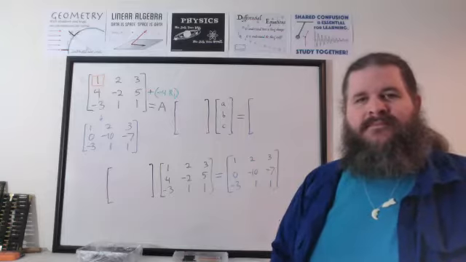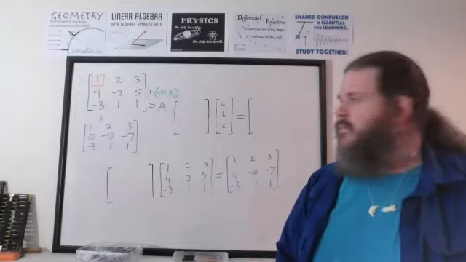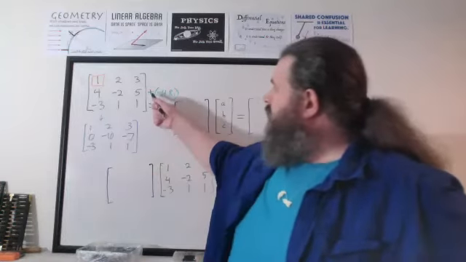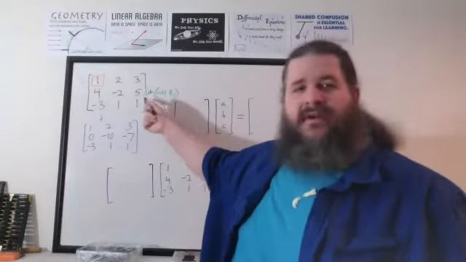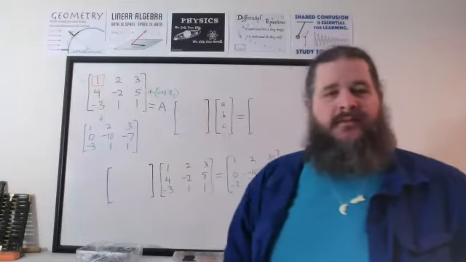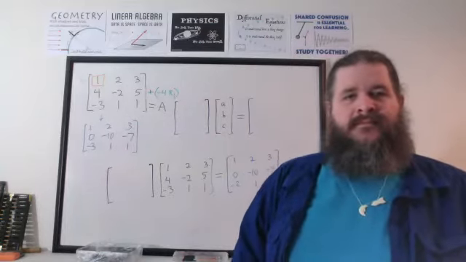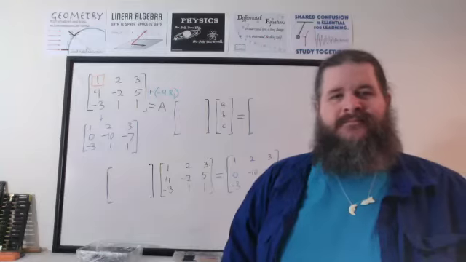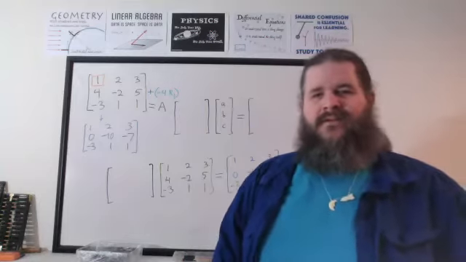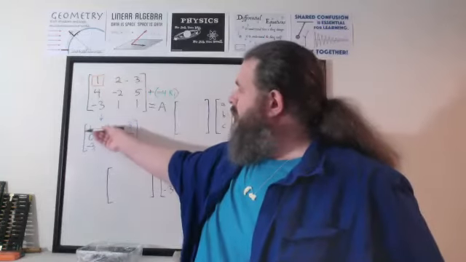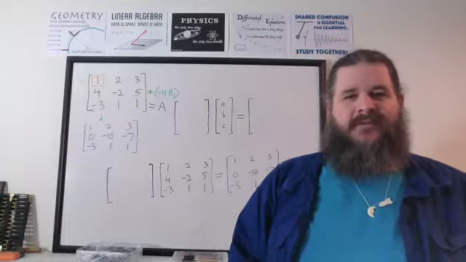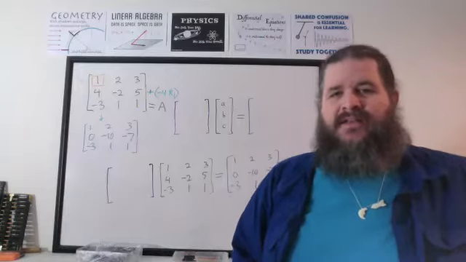Is it 0, -10, -7? Well, not using the specific numbers, but if we just do this operation, what did we do to the first row? Ignoring everything else, from this first row to this first row, what have we done? Nothing. Nothing at all. We just kept it exactly the same.